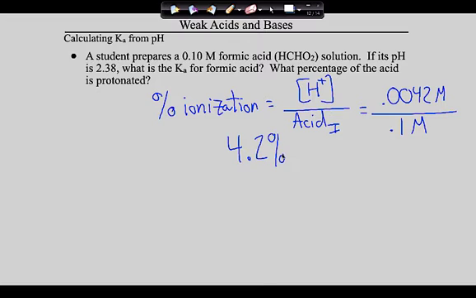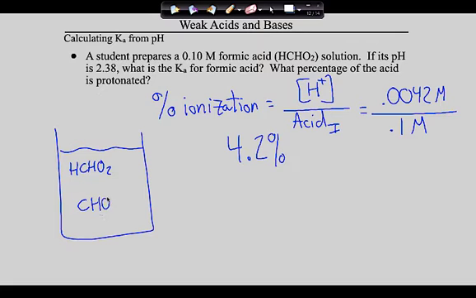That's not, and that's the point. Guys, we said that formic acid, given its Ka of 1.8 times 10 to the negative fourth, is a relatively strong weak acid. And as a relatively strong weak acid, only 4% of it's broken apart. So what does that mean? Well, if we had a bucket of formic acid, this is going to contain HCHO2 and CHO2 minus and H plus.